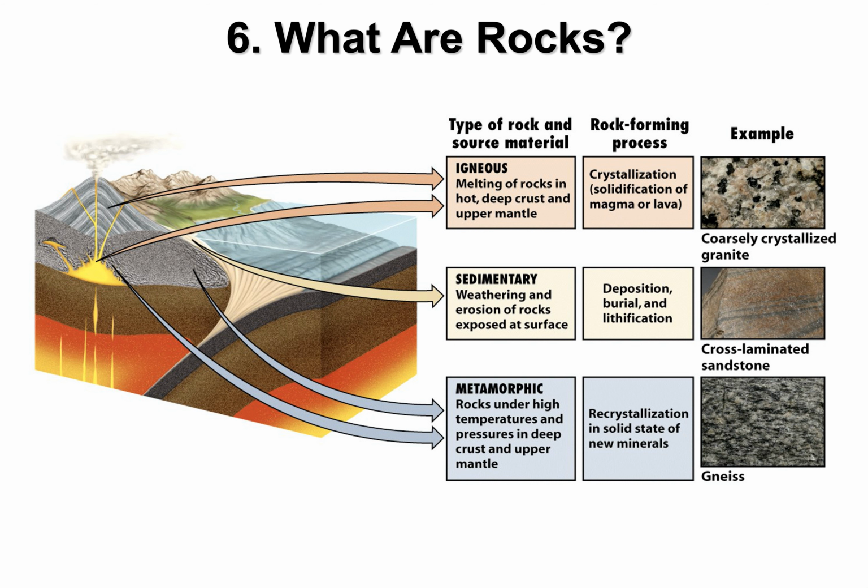So first we have the igneous rocks. Igneous rocks are described by melting of rocks in the hot deep crust and upper mantle. So we have a melt, and within this melt crystallization processes occur, and due to these crystallization processes we get the solidification of a magma or lava.